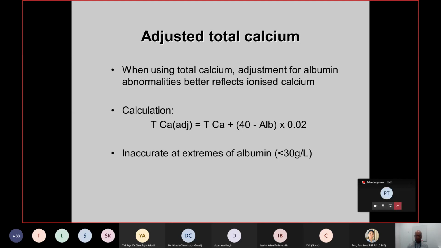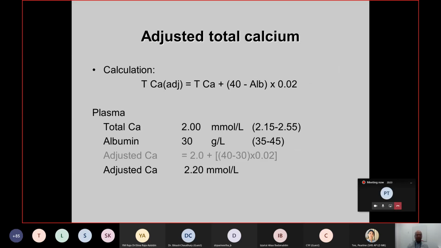And given the equation for adjusting the total calcium based on the albumin concentration, we adjust total calcium back to albumin of 40, although in the extremes of albumin, less than 30 grams per liter, the adjustment becomes less accurate. So here is an example of someone with a total calcium of 2.0, where the albumin is low at 30. So we adjust it back to 2.20 because the albumin is 10 less than 40, which is what we adjust the total calcium to.